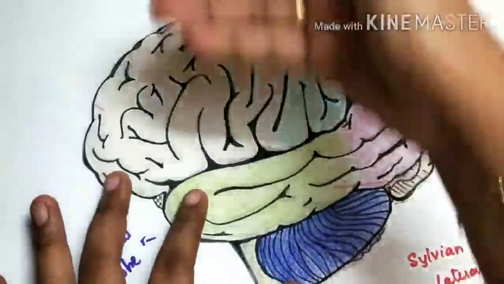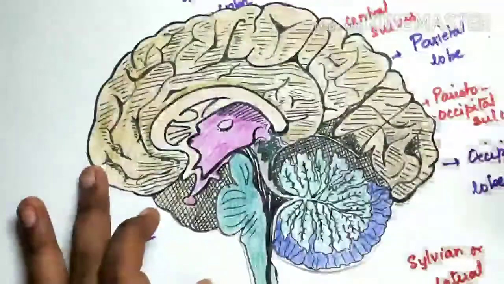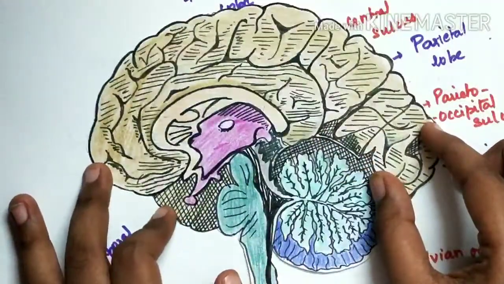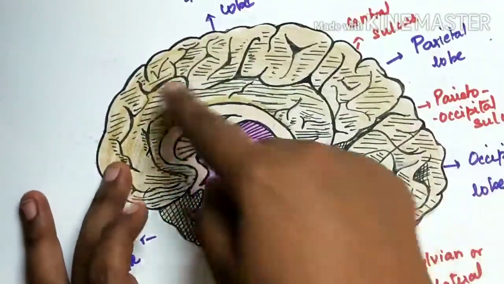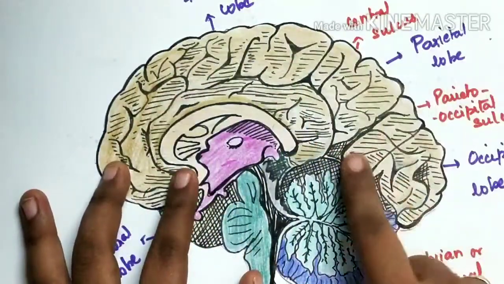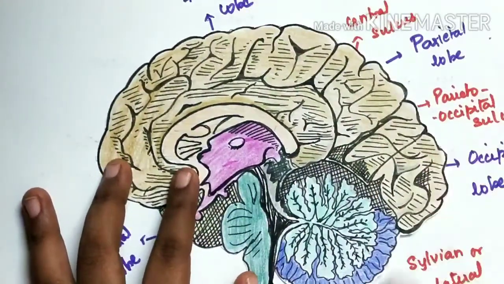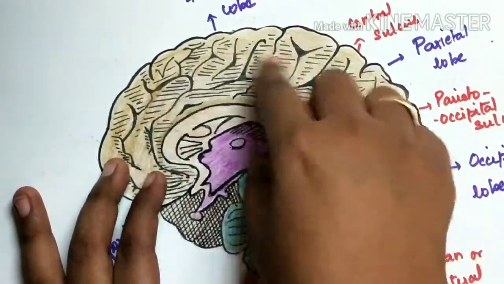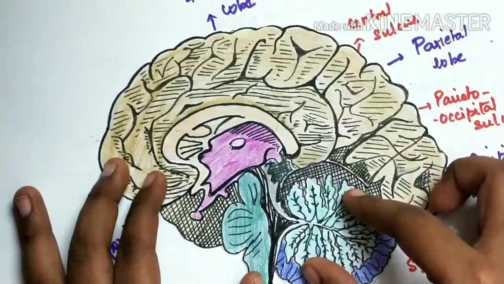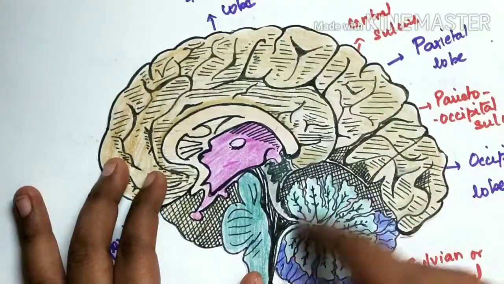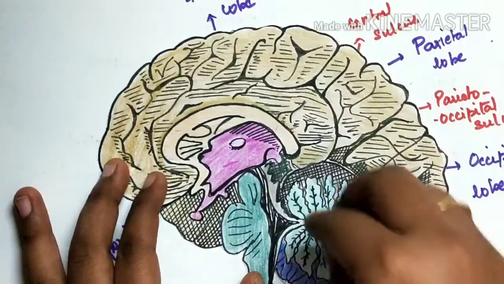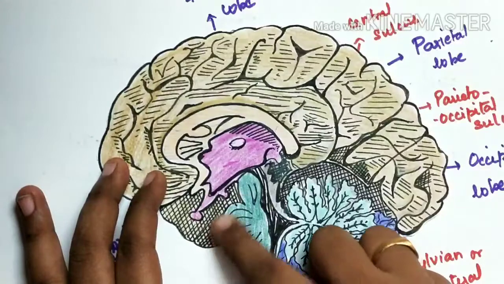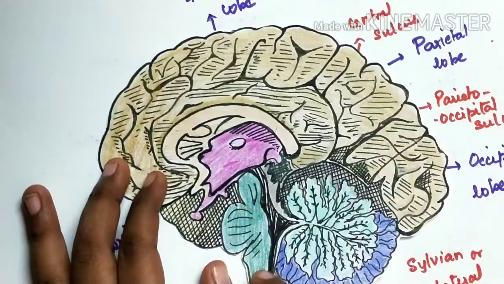From the side, our brain looks like this, and I have cut it as a sagittal section to view the cerebral cortex. You can even see the lobes here: the parietal lobe, occipital, and temporal lobes, and the corpus callosum, which connects the brain. The cerebellum, with lots of convolutions, is responsible for fine motor movements, and the midbrain leads to the pons.